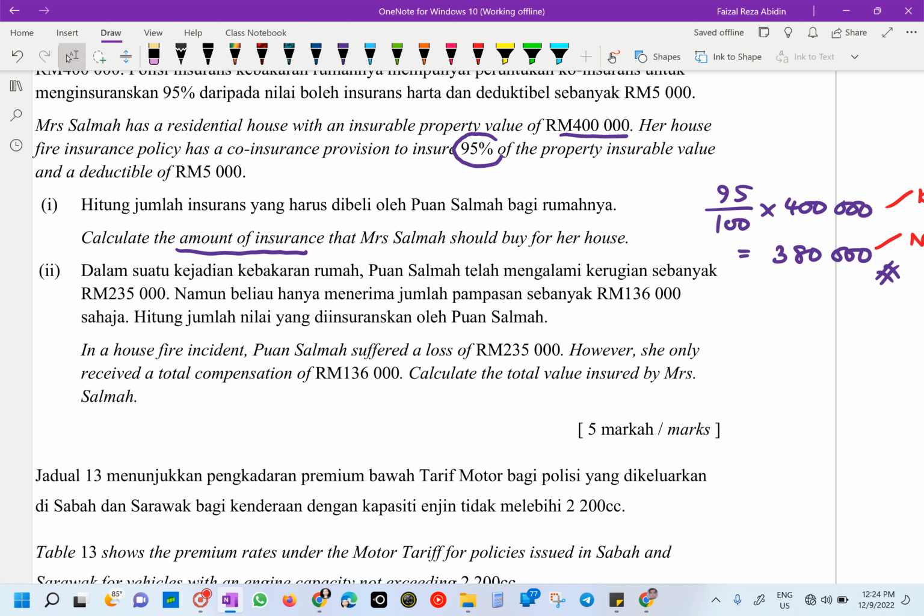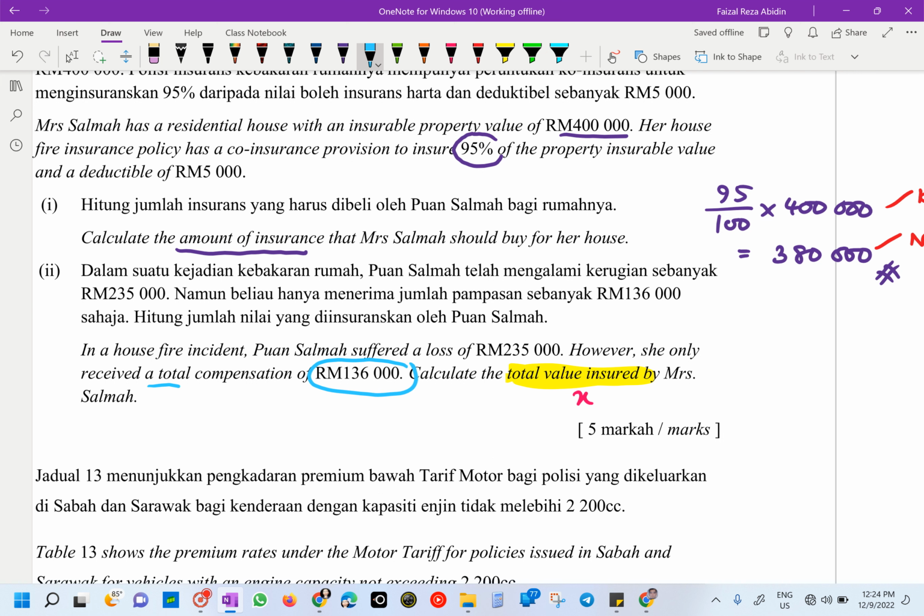We don't know the total value over here, so I'm going to say that the total value here is going to be X. I don't know, just put X here. So we know how we are going to calculate the total compensation, which is 136,000.